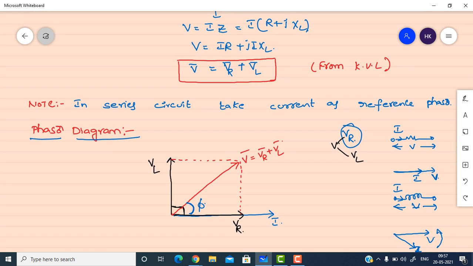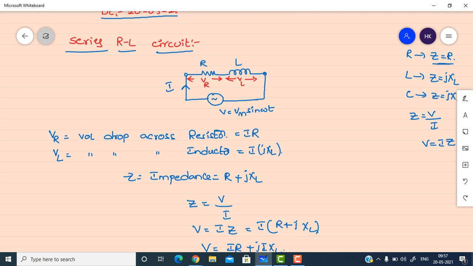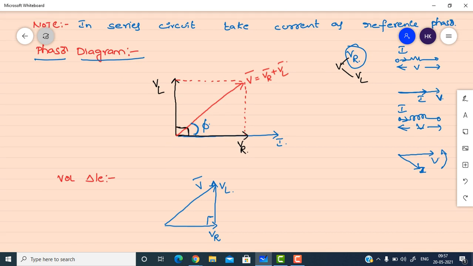Observe the phasor diagram and tell me. You have the current in this circuit and voltage. So is this current leading or lagging with respect to this voltage? Look at the phasor diagram and tell me.